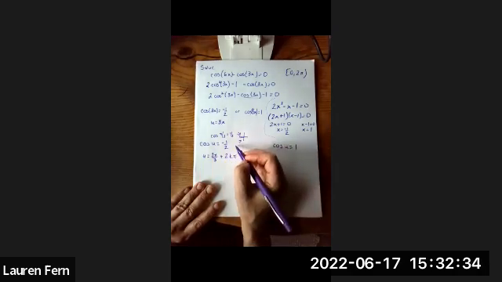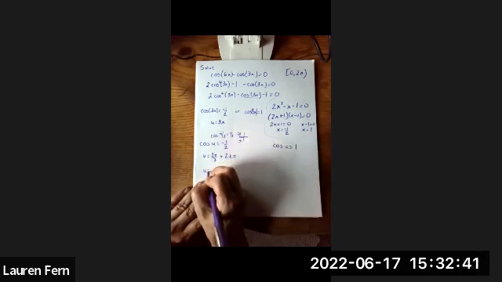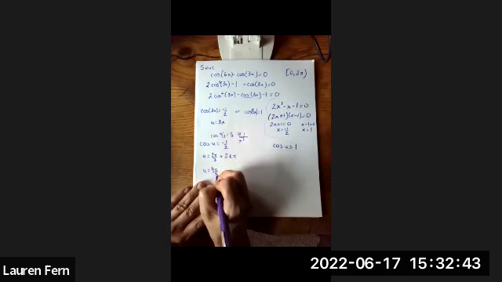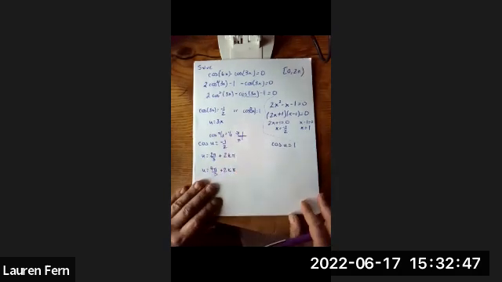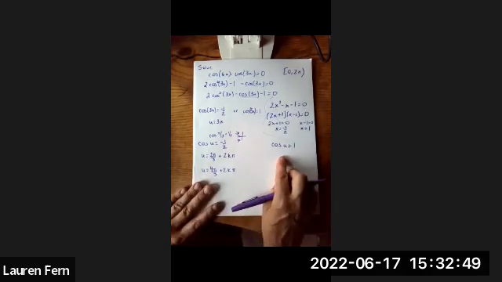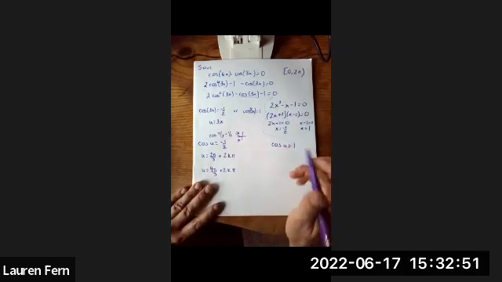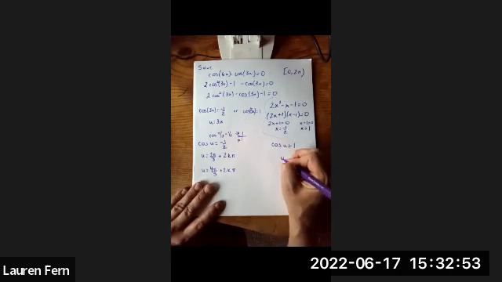And in my third quadrant, I'll take pi plus my reference angle, so I get u is 4 pi over 3 plus 2k pi. Where is my cosine equal to 1? Thank goodness it's just at 0 plus 2k pi.